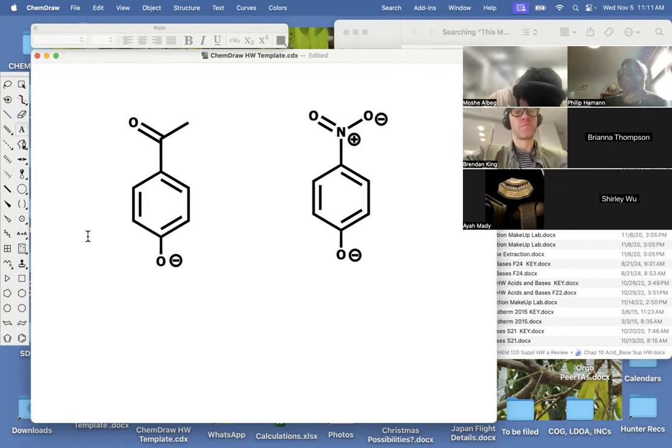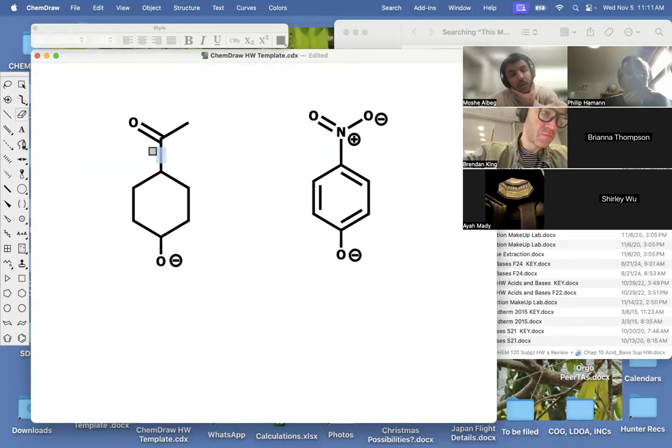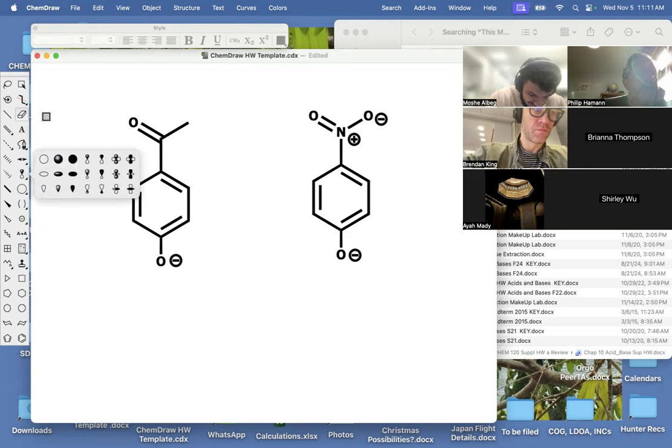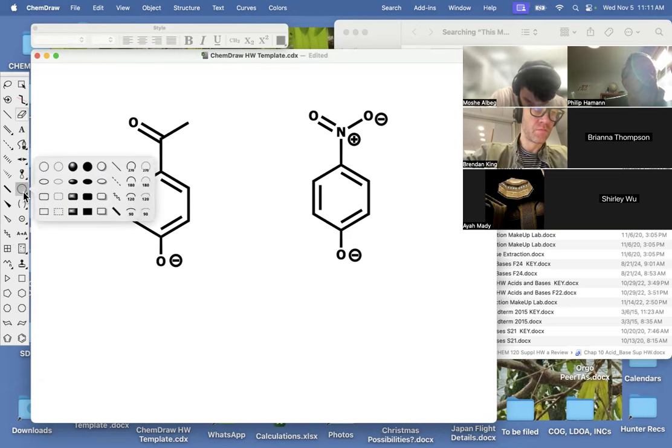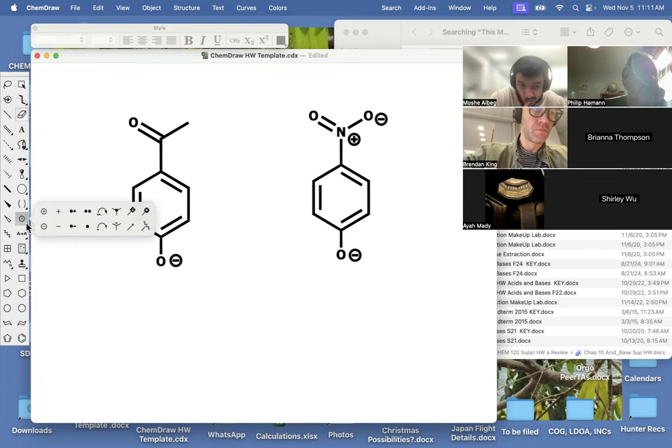Okay, so you're going to have resonance structures going all the way through. Let me back up. Let me show you a shortcut to drawing all of them. Where is that symbol? Oh, it's here.